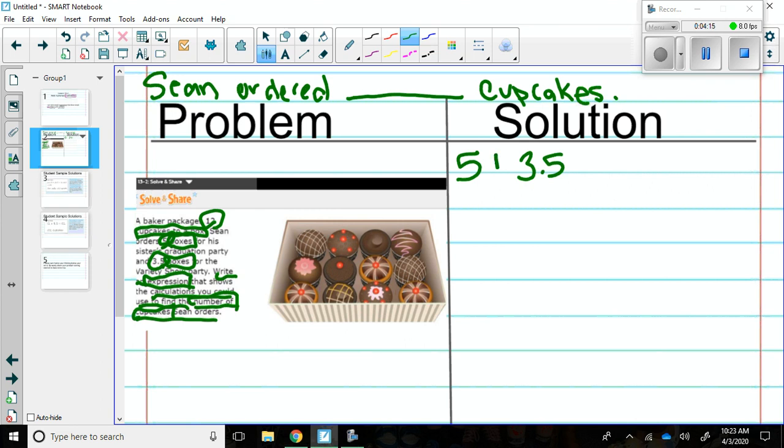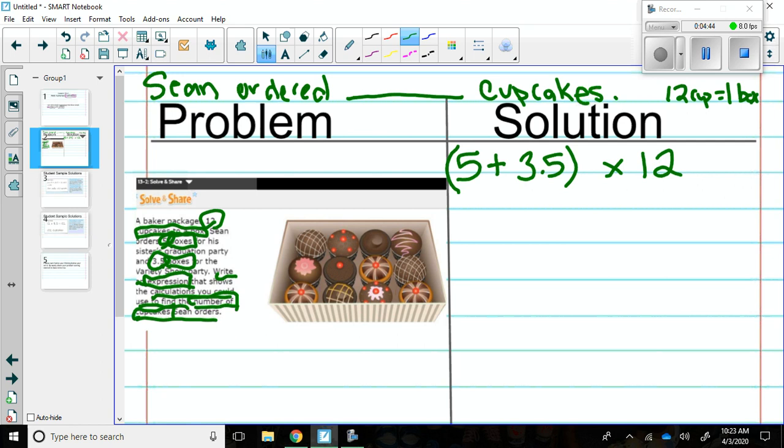To do that, I would add those two together. Knowing I want to do that first, I'm putting parentheses. Once I get that total, then I will multiply it by 12 because that is how many cupcakes are in one box. So 12 cupcakes equals 1 box.